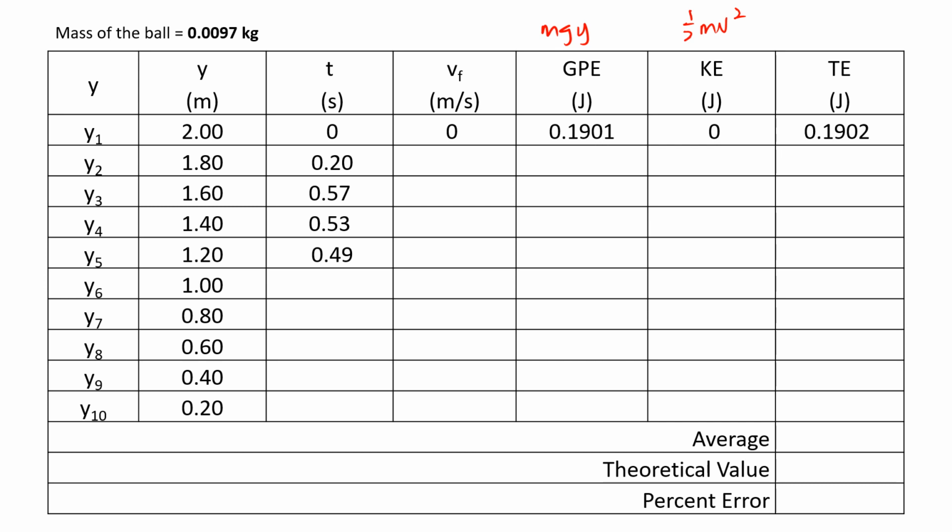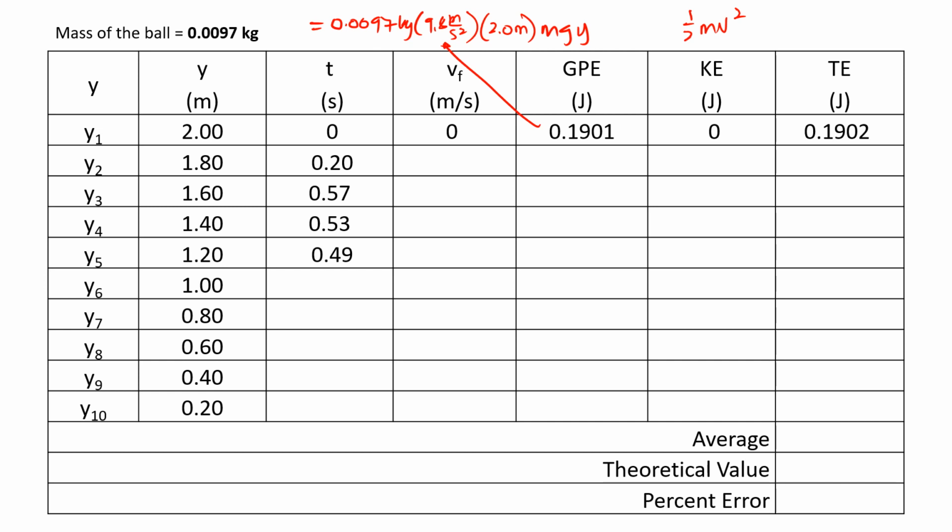This is the value of GPE at y1, or 2 meters, and that is equal to 0.1901 joule.